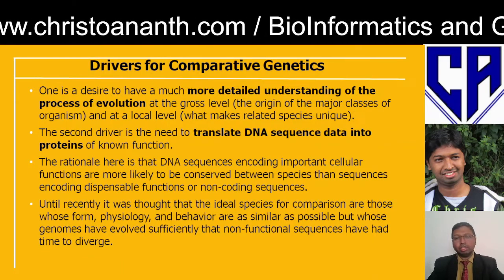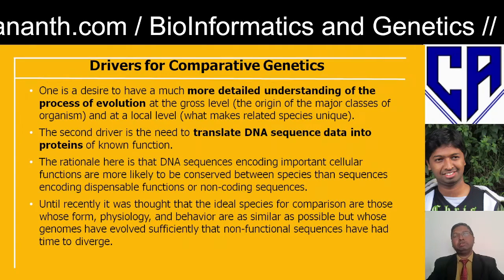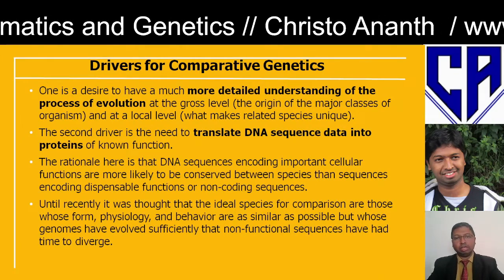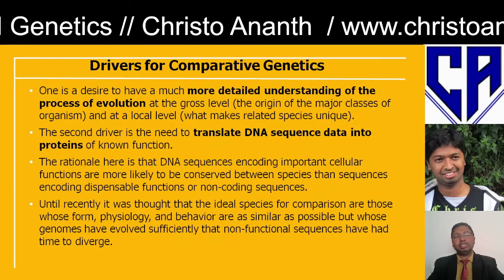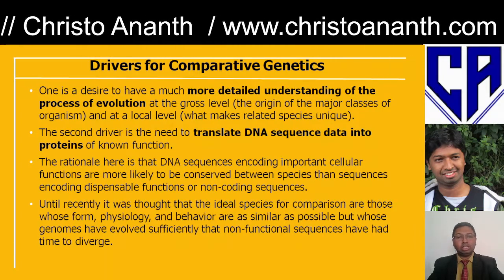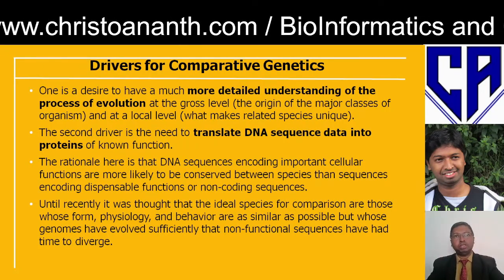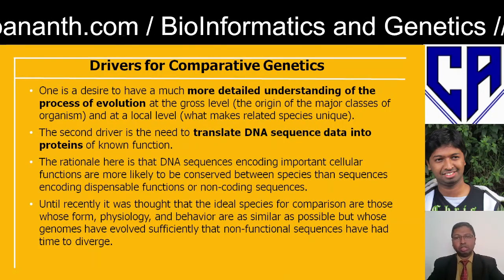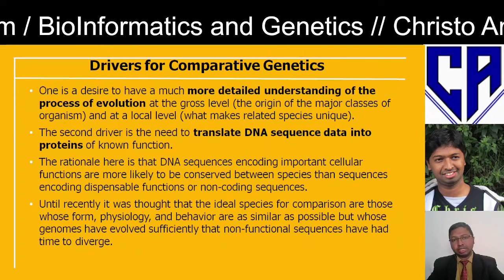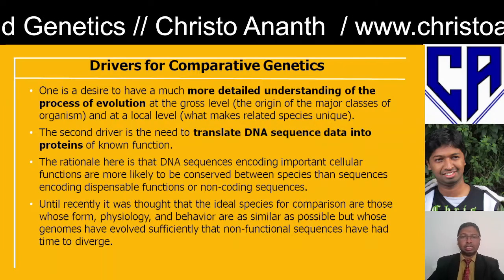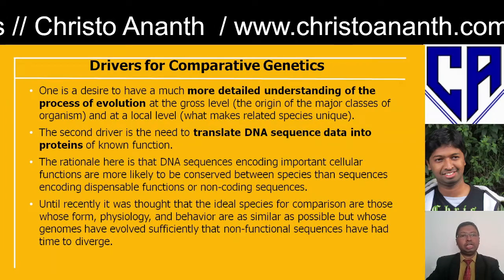We should have a thorough understanding of the process of evolution. Only then can we characterize these phenomena at the local level, so that you can make related species much more unique or peculiar. Another phenomenon driving comparative genomics is translating the DNA sequence data into proteins.